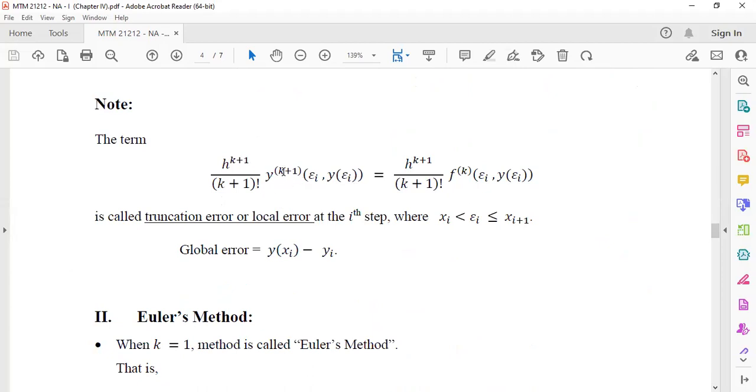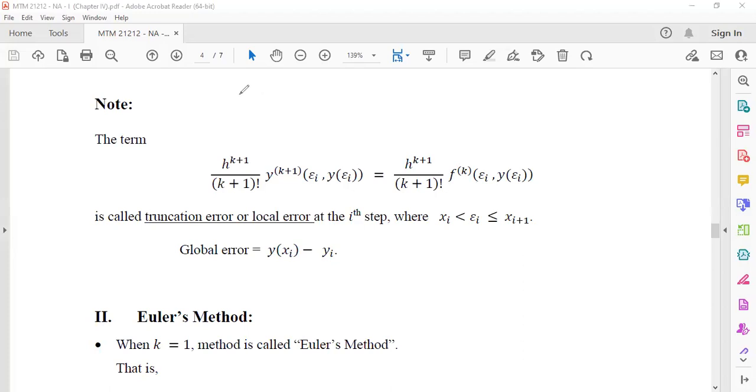It means the (k plus 1)-th differentiation, taking epsilon i between the points we are looking for in one step. For the y (k plus 1), you can also substitute f of k, because we have taken dy over dx as f of x i, y. This is called the truncation error. It means we are truncating our equation.